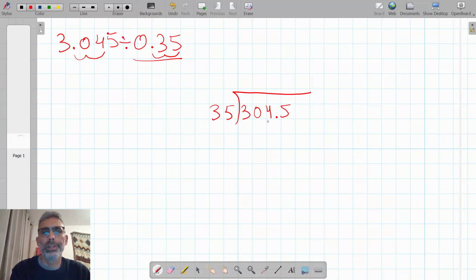How many times? 9, too much, 8. 8 times 30 is 240, and 8 times 5 is 40. 8 times 3 is 24, plus 4 is 28. I don't have enough to add another 35, so 8.